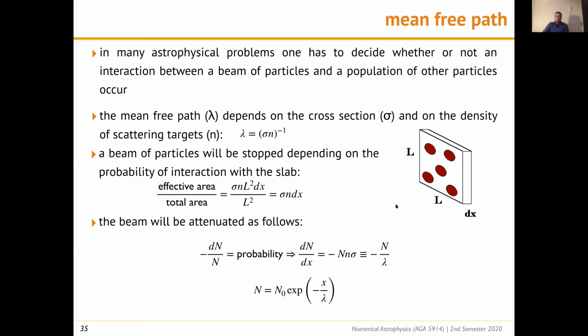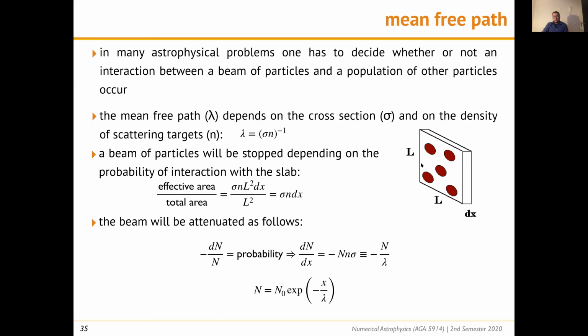I ask you, what's the probability that this particle I've thrown at this slab will hit one of these red circles? These red circles, combined, give you something that we call cross section, which is measured in units of distance squared. The cross section tells us essentially the probability of an interaction to occur.